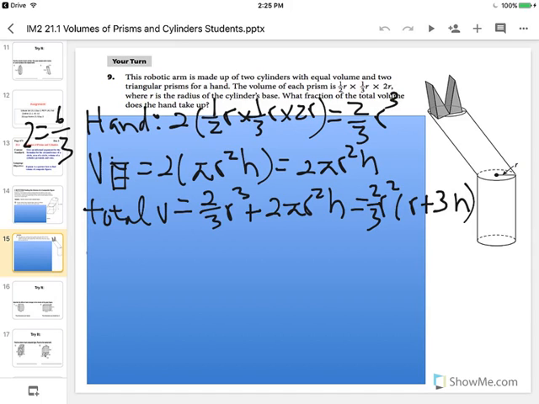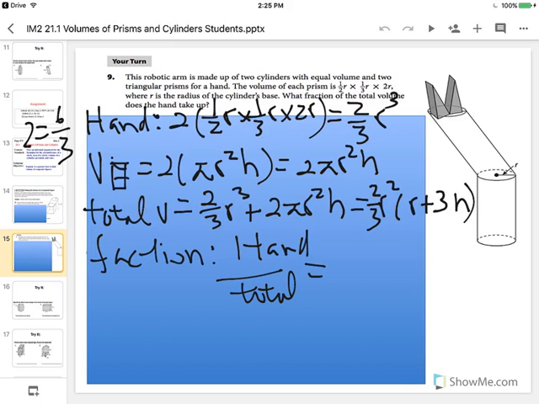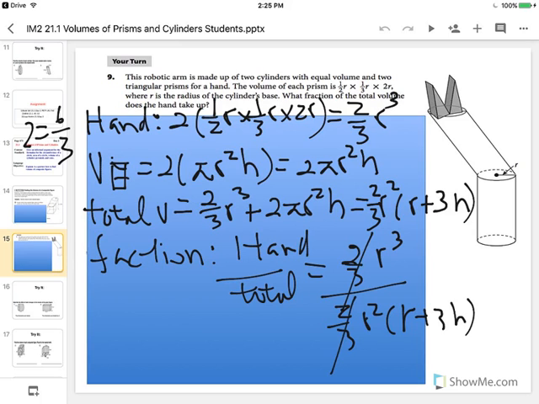To find the fraction, we take the hand over the total. So this gives us 2/3 r to the third power over 2/3 r squared times r plus 3 times the height. The 2/3 cancels out and the r squared cancels out, so we have r over r plus 3 times the height. Your answer for number 9 would be that.